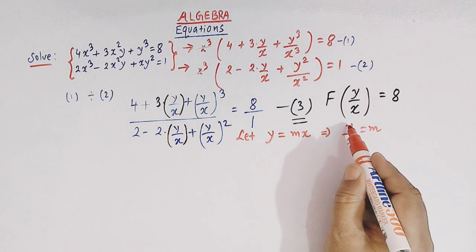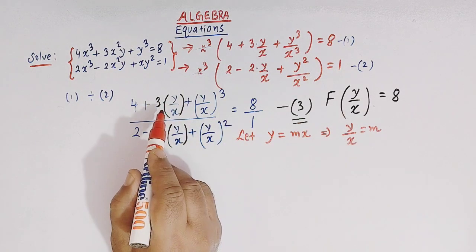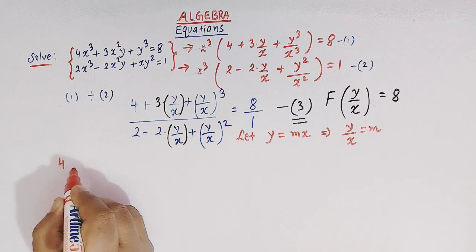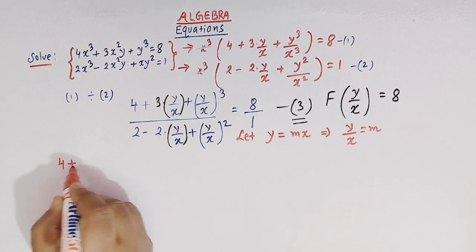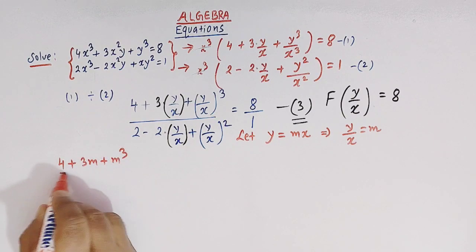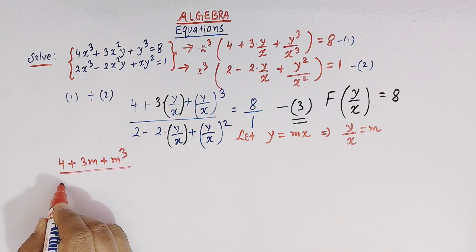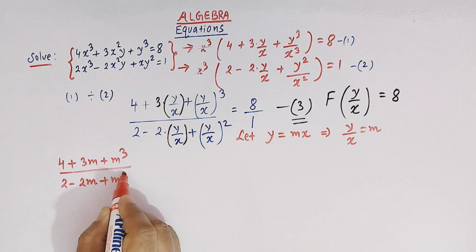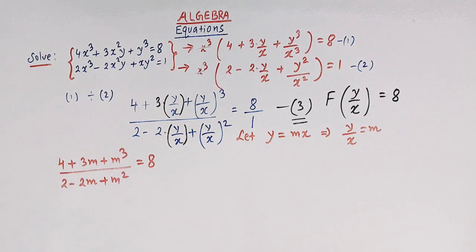So now if we take y over x is equal to m in equation number 3, then we get this expression, that is 4 plus 3m plus m cube divided by 2 minus 2 times m plus m square is equal to 8, right?